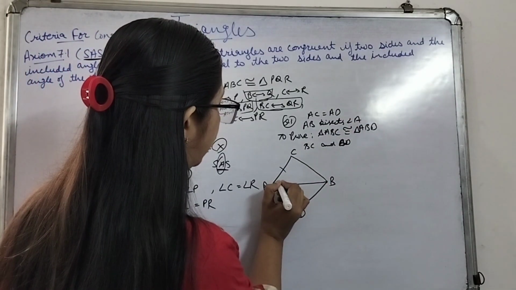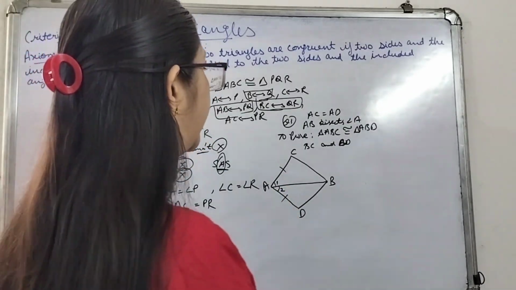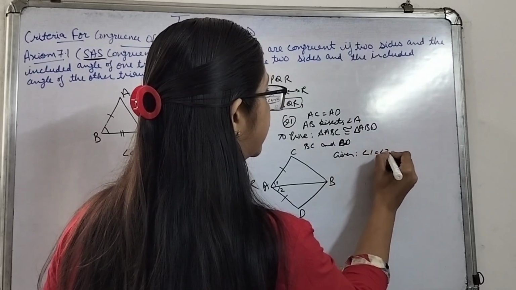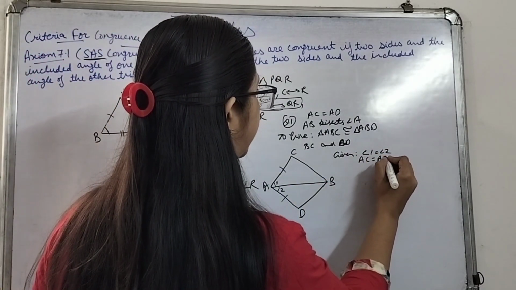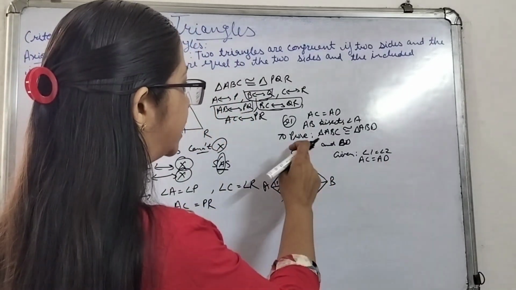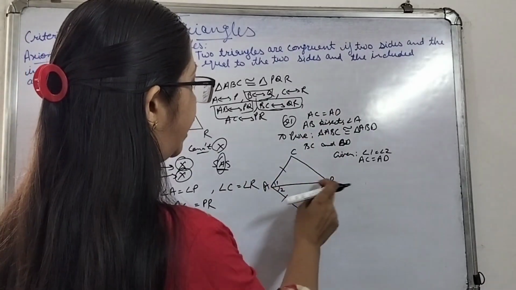That means, suppose this is angle 1 and this is angle 2, then angle 1 is equivalent to angle 2. This is even given to us, and it is even given that AC is equivalent to AD. It is also given to us. We have to prove that triangle ABC is congruent to triangle ABD.